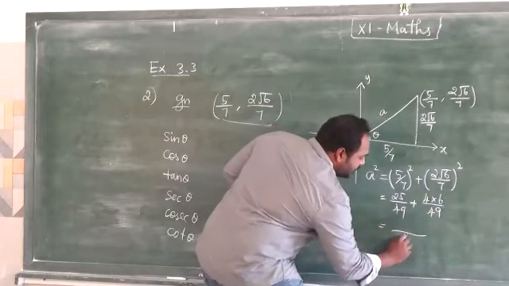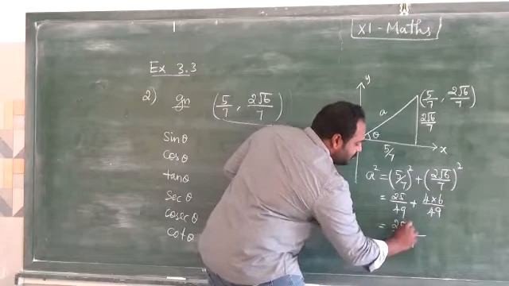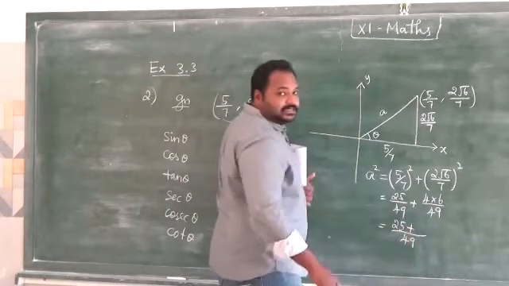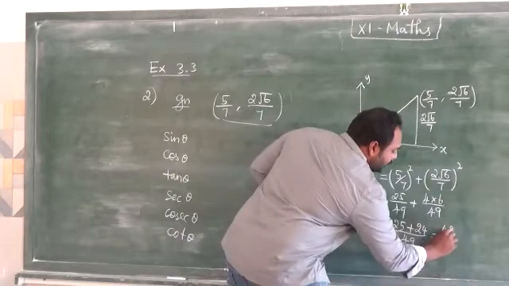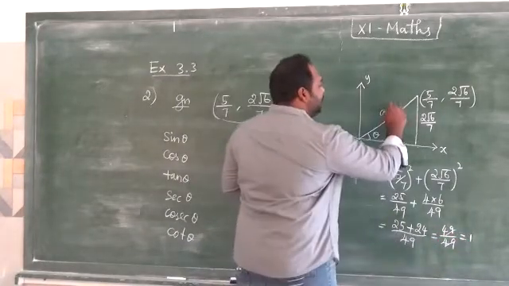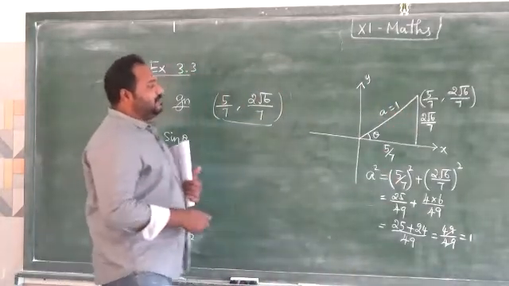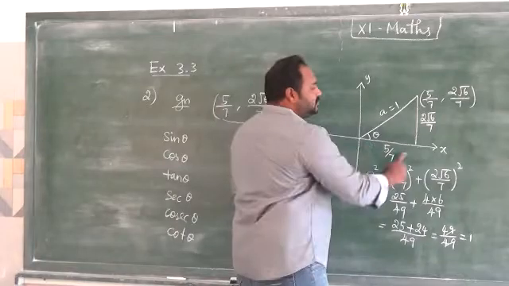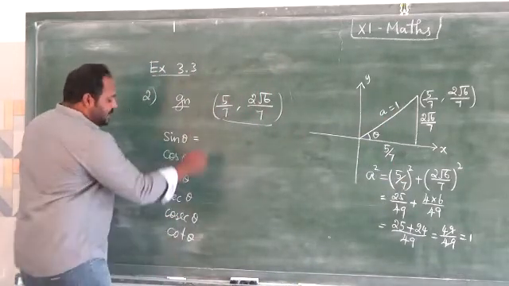So with common denominator 49, 25 plus 4 into 6, 24, is 49 by 49, it will be cancelled, 1. So the value of hypotenuse is 1. Now we have all the 3 sides. Using these values we can easily find out all the 6 ratios.